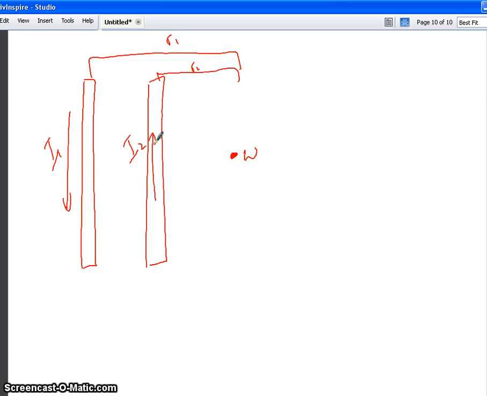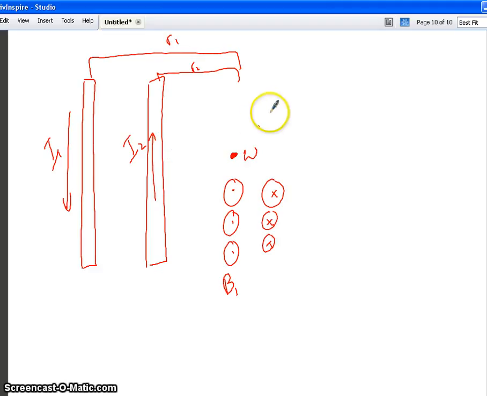So from I1, if I curl my fingers around, in the plane of the board, the magnetic field would be coming out of the board. And in this one right here, the magnetic field will be going into the board, because if I have my thumb pointing up and my fingers curl down, my fingers would come into the plane of the board.